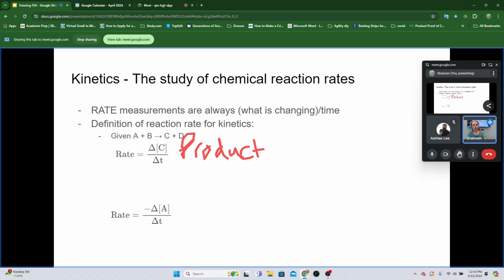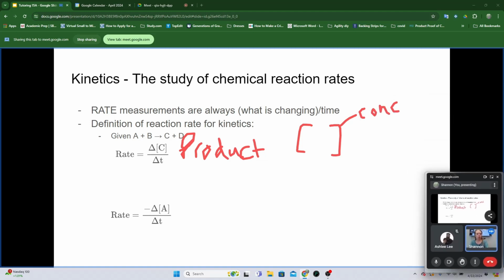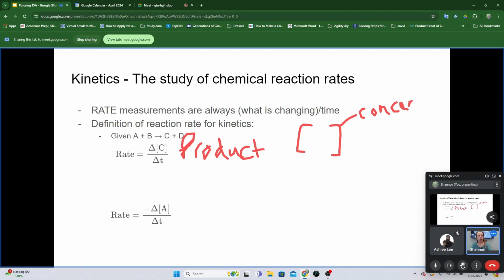Now the brackets that are like this mean concentration of. So it's not like a multiplier? It's not a multiplier.